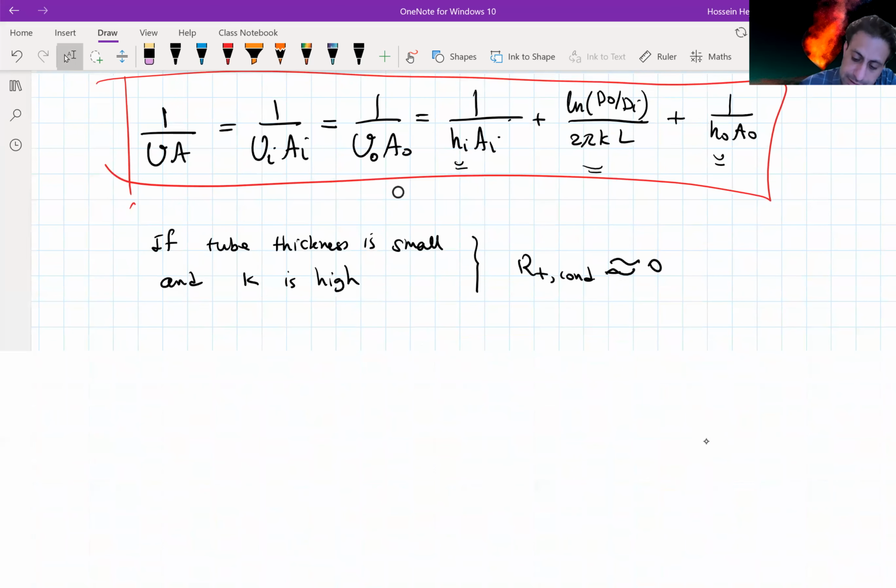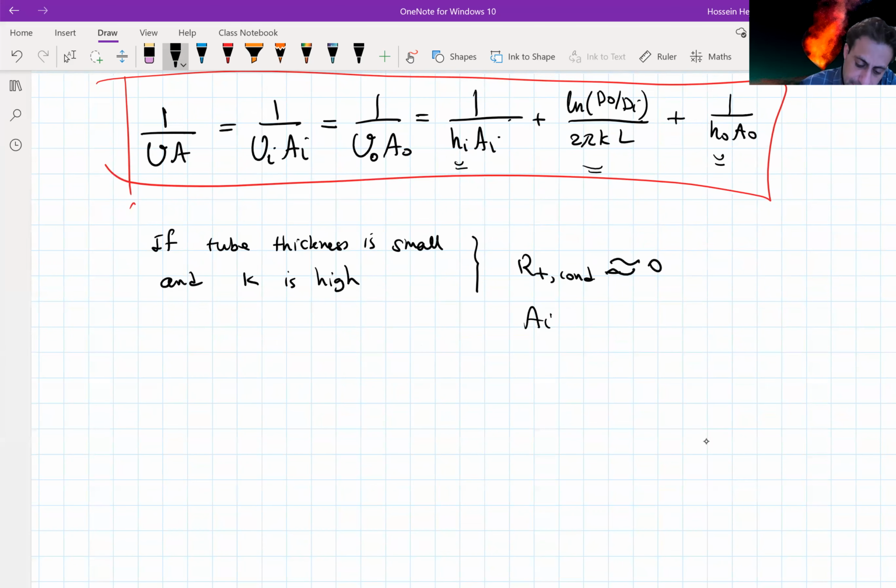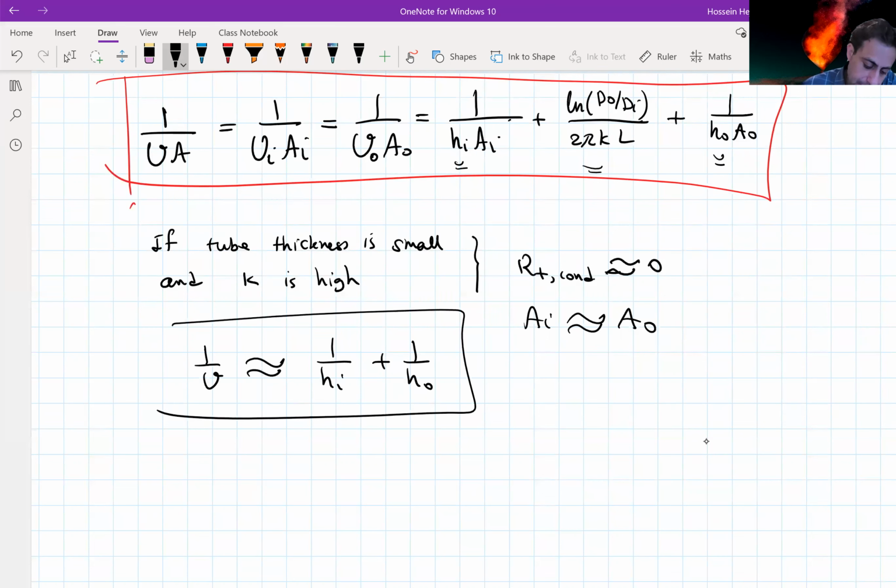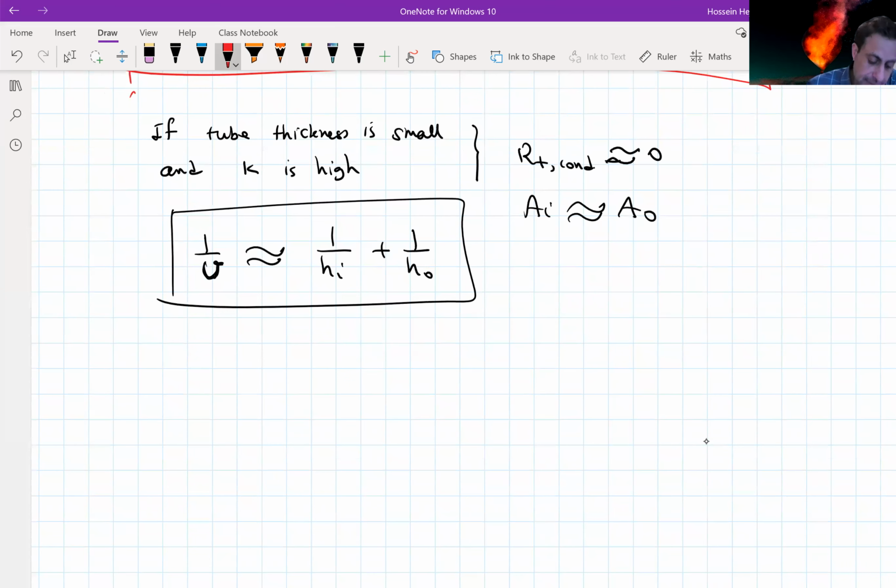And the other thing that we can say is Ai, since the thickness is small, is almost equal to Ao. So 1 over U is going to be approximately 1 over hi plus 1 over ho. This is the case where the tube thickness is small and the conductivity is very high. Another thing that can happen in a heat exchanger and we need to take into account is the fouling factor.